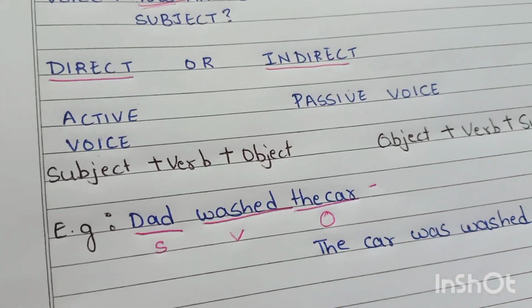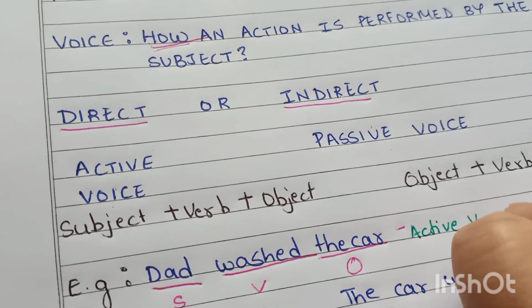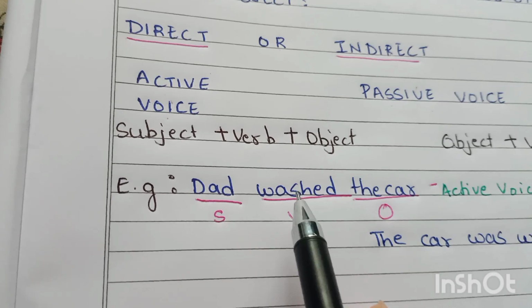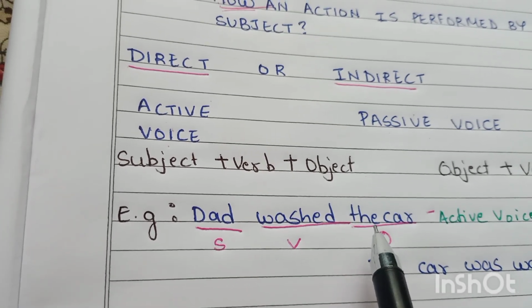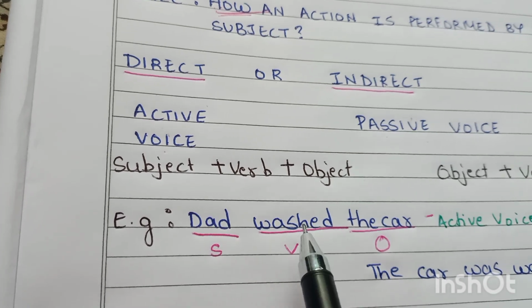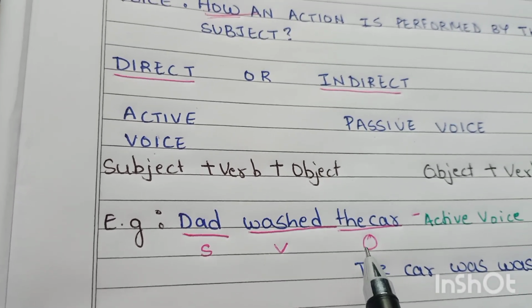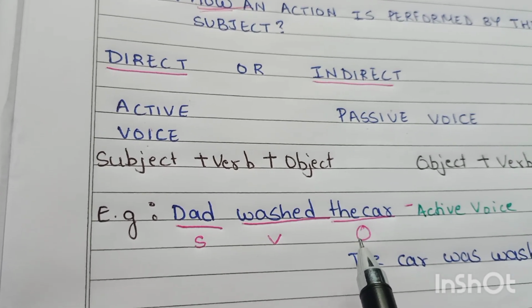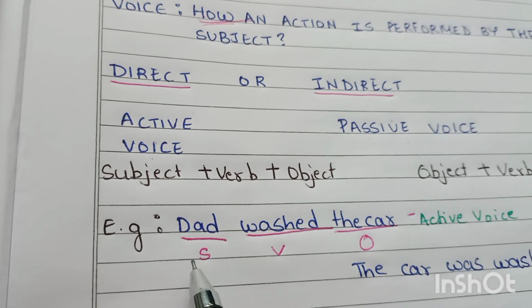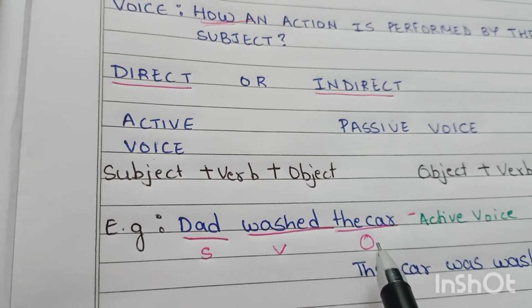So this sentence is in active voice, wherein our subject is in the beginning, a verb is in the center, and the car, which is the object, is at the back. So dad is the subject, washed is the verb, and the car is the object. Now in passive voice, what happens is the car, which is the object, takes the place of the subject, and dad, which is the subject, takes the place of the car.